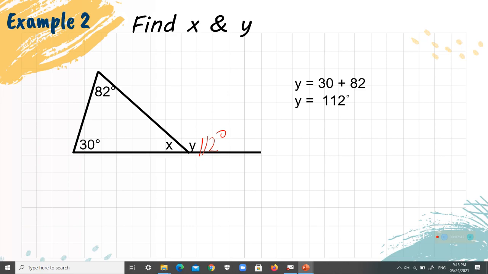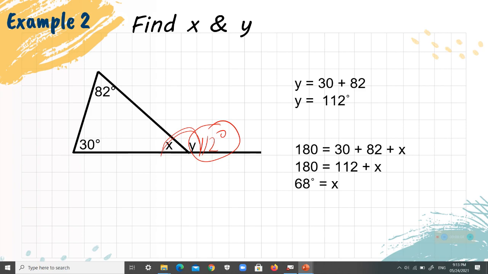Therefore, this time, you can find the measure of x. Again, these two angles form a linear pair, so these two angles will be equal to 180 degrees. Since you already have 112 degrees, you will have 180 minus 112.